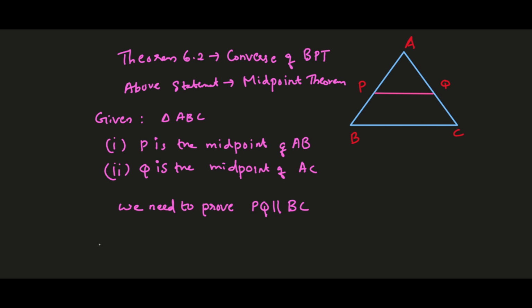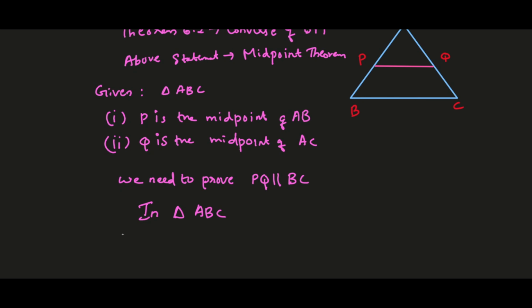Okay, let's start. In triangle ABC, P is the midpoint of AB.